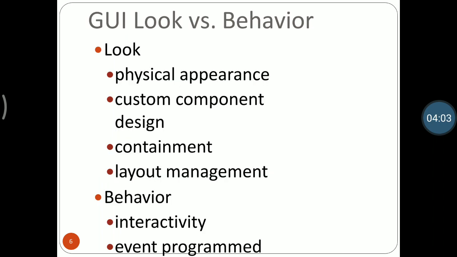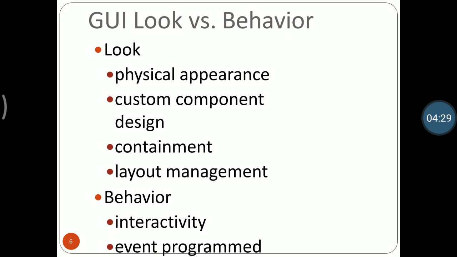GUI look versus behavior. Here we will understand the difference between look and behavior. Let's understand it with an example. If you have created a button for your program, the button's physical appearance, its design, its contents and looks will be considered the look of that button.